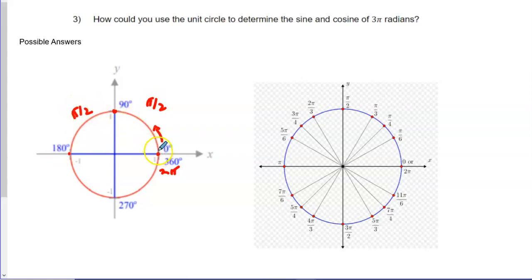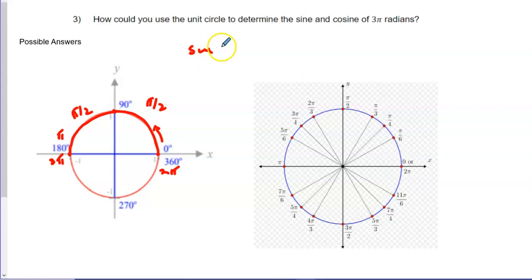So from the 2 pi, if we added another pi, we are going to get our 3 pi somewhere here. And at 3 pi, we are at the point where we also had pi or 180 degrees.